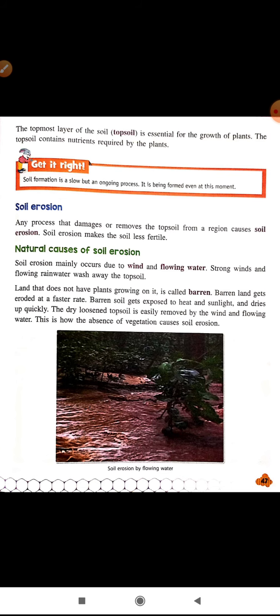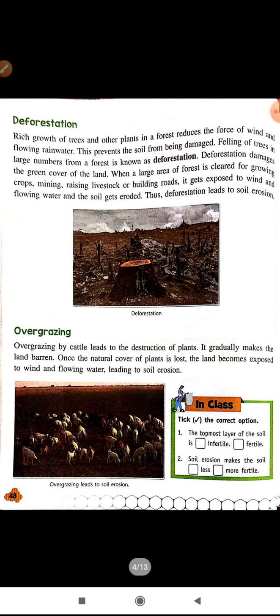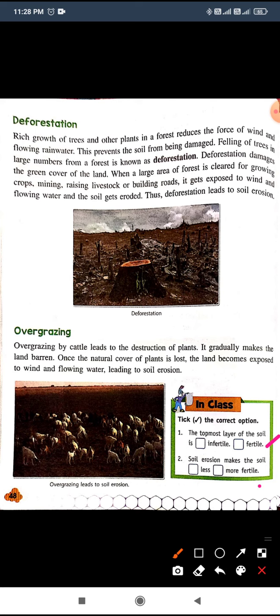The natural causes of soil erosion: deforestation, overgrazing. So here is one question. The topmost layer of the soil is very fertile, so that's why farmers want to protect this layer. The next question is: erosion makes the soil less fertile.